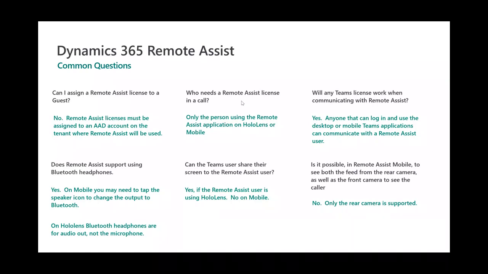You may have to tap it a couple times to get it to switch from the external speaker to the Bluetooth headset. On HoloLens, the HoloLens 2 does support Bluetooth headphones, but they are audio out. The microphone still comes from the microphone array that is built into the HoloLens 2.